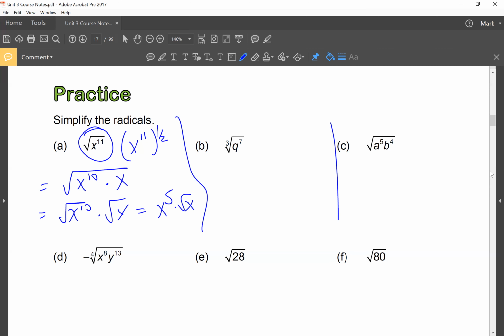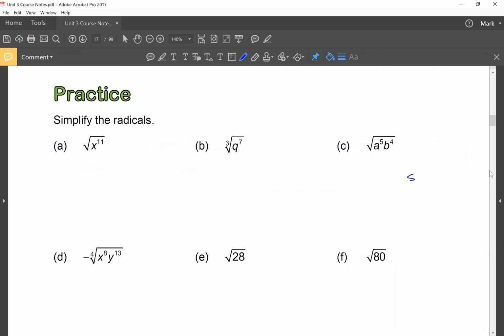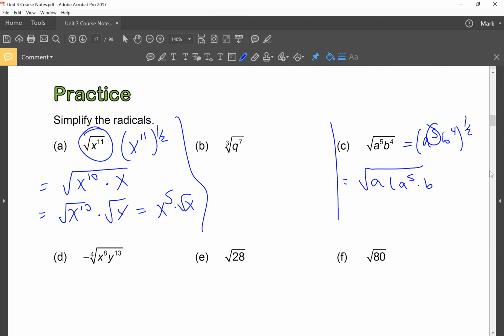So again, what I'm doing for C is I'm taking a to the 5, b to the 4, and I'm raising it to the power of 1/2. Now the problem here is that the 5, I cannot divide 5 by 2. So what I can do is take the square root of a, and then I'm going to go a to the 4 times b to the 4.